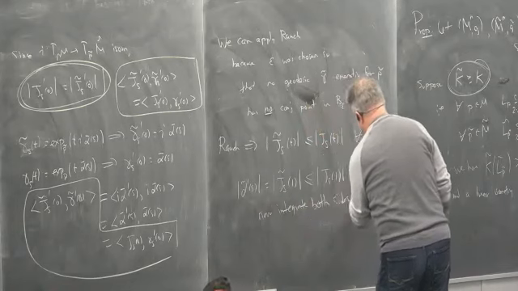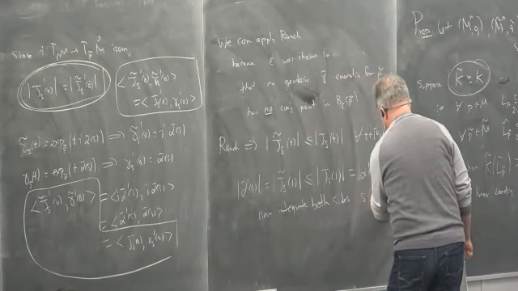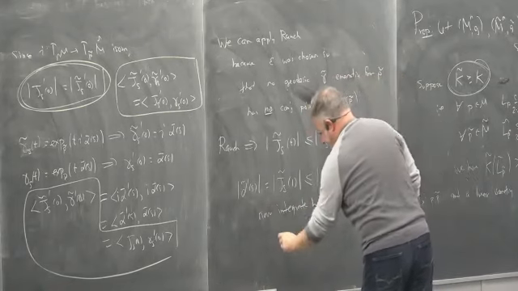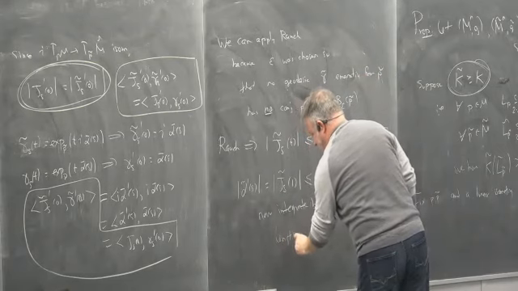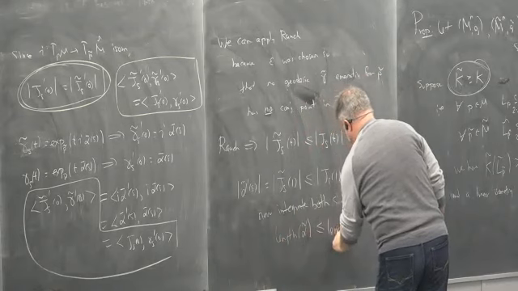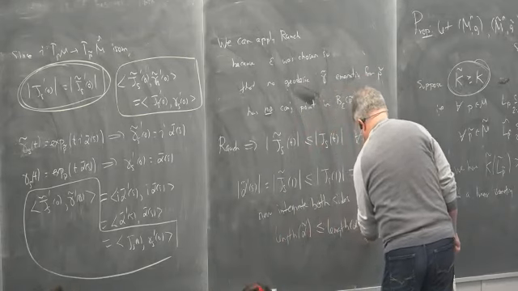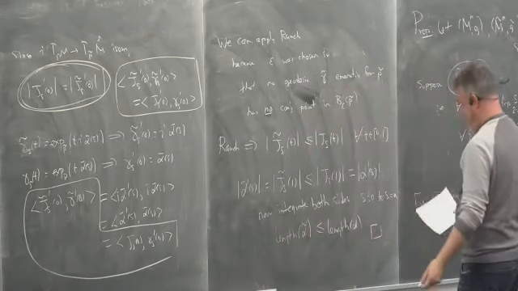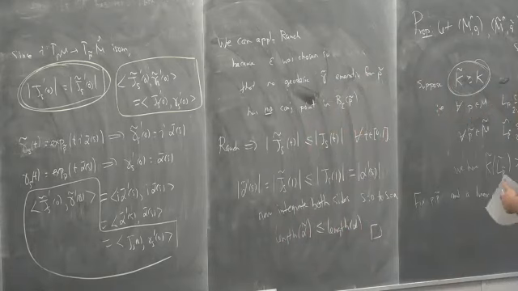From S equals 0 to S equals A, we get that the length of alpha tilde is less than or equal to the length of alpha. Okay, so more curvature equals smaller length in this sense. That's what we wanted to prove.